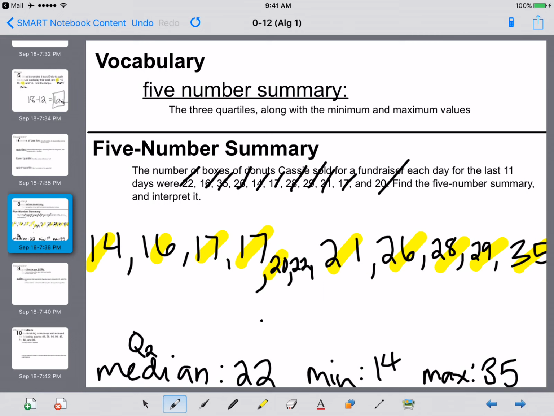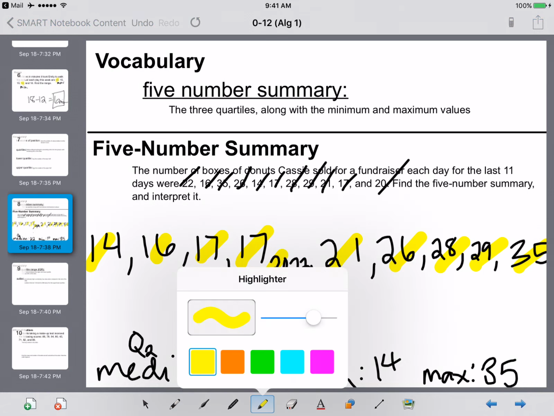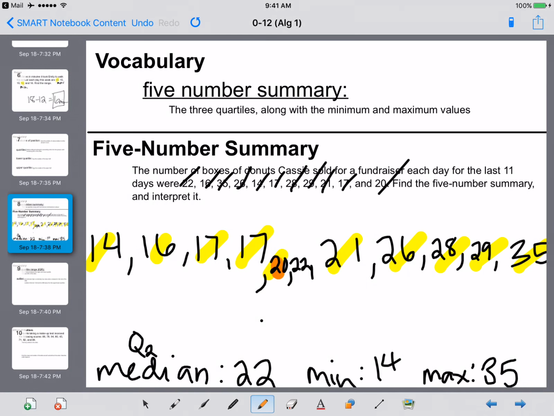So to figure out our first quartile, we are going to take the numbers not including our median. I'm going to switch my color here, and we're going to cross off, cross off, cross off, cross off.